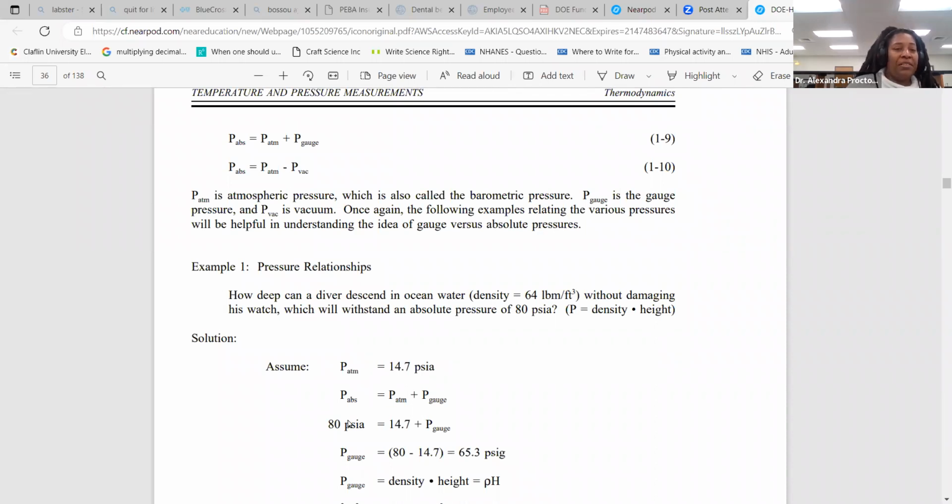Or absolute pressure is equal to pressure of the atmosphere minus the pressure of the vacuum. So P atm is atmospheric pressure, and it's also called barometric pressure. P gauge is gauge pressure, and P vac is pressure in the vacuum. And these are helpful when understanding the idea of gauge versus absolute pressure.